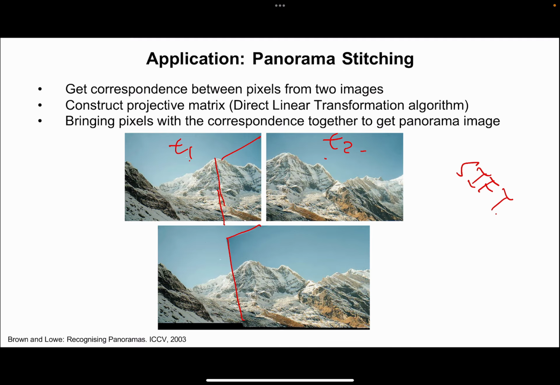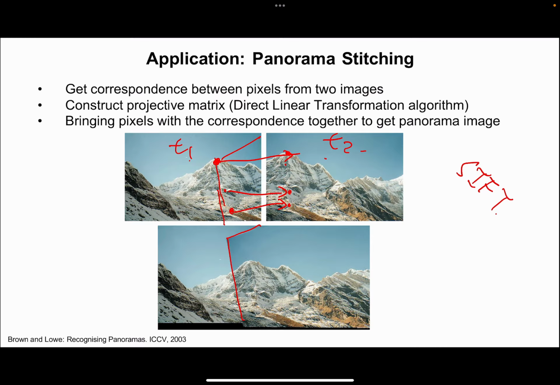SIFT was widely used for finding correspondence between 2 images back in the day. And then once we got correspondence, for example, this position matches this position, we have correspondence between many points.